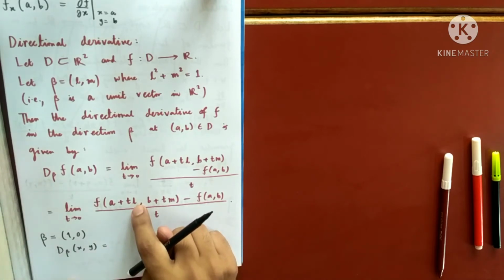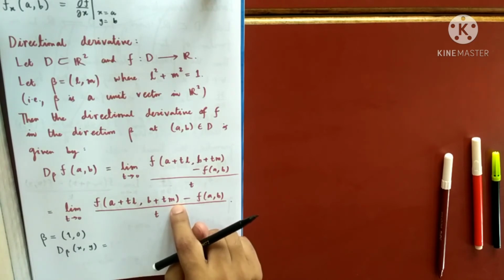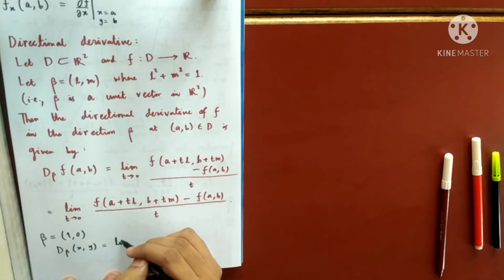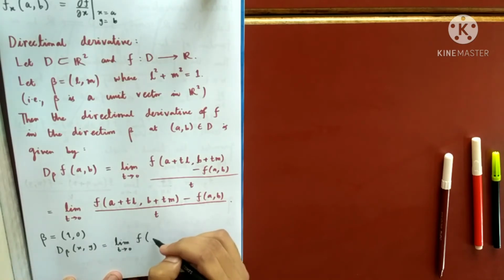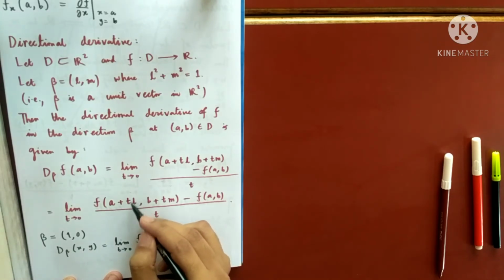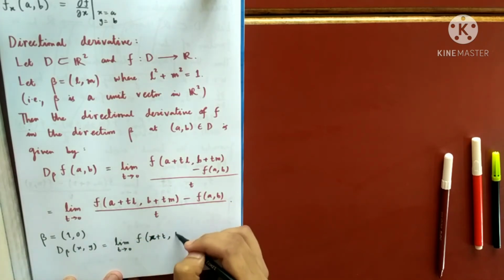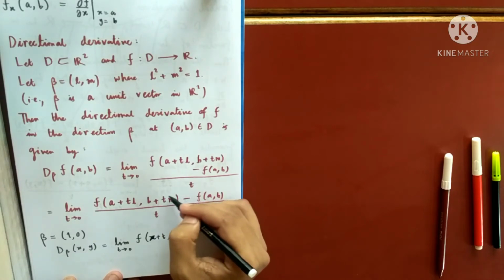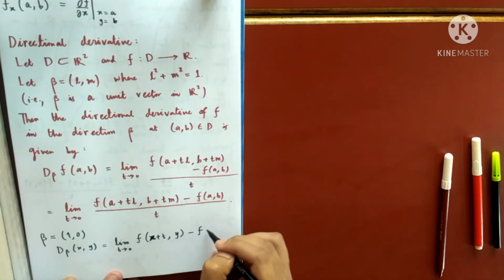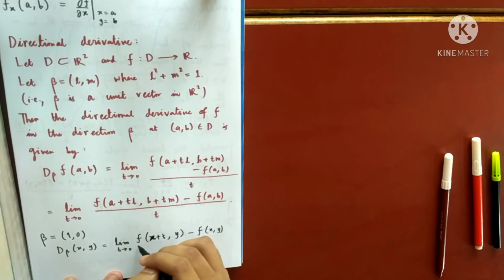Just put here L equals to 1 and M equals to 0. What am I getting? Limit t tends to 0 f of x plus t, y, since L is 1 and M is 0, minus f of x comma y, by t.